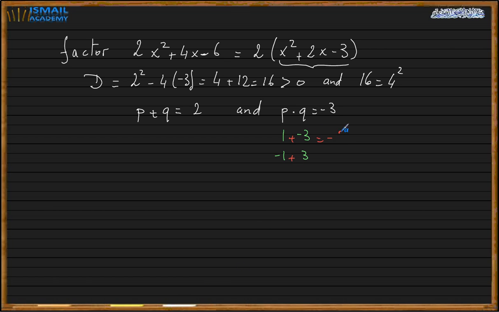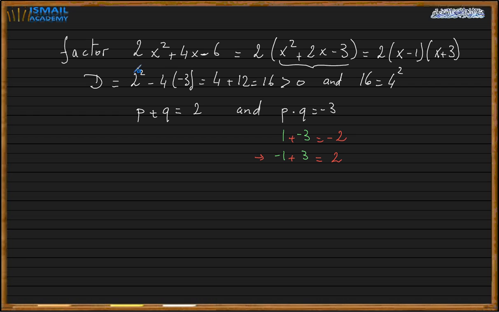This is giving me minus 2, and this is giving me 2. So this is my choice. So what I do next, I just factor this. So it's going to be x minus 1 times x plus 3, and this is the factor of that quadratic expression.